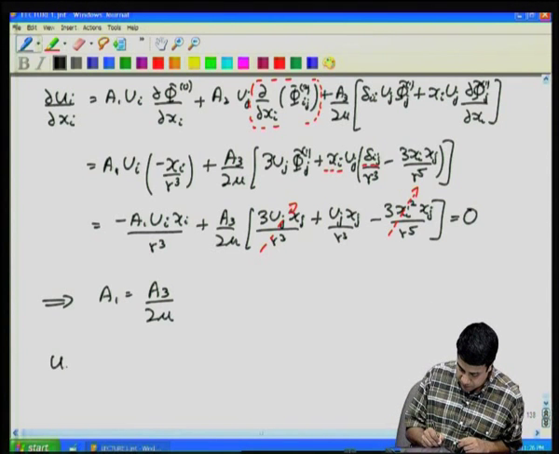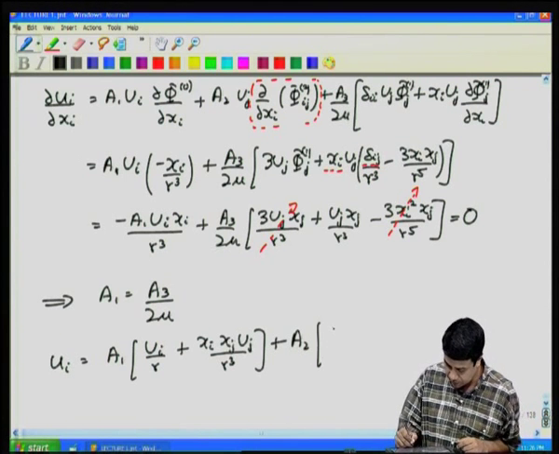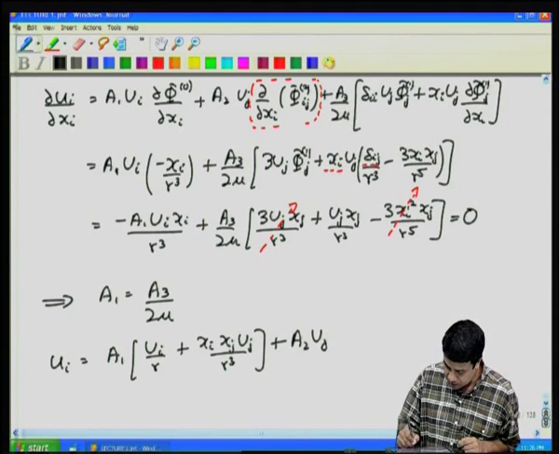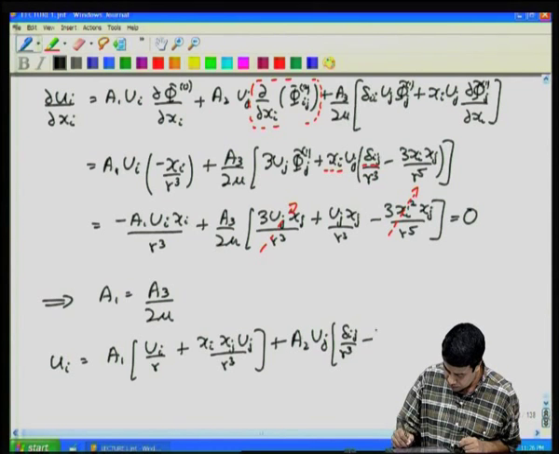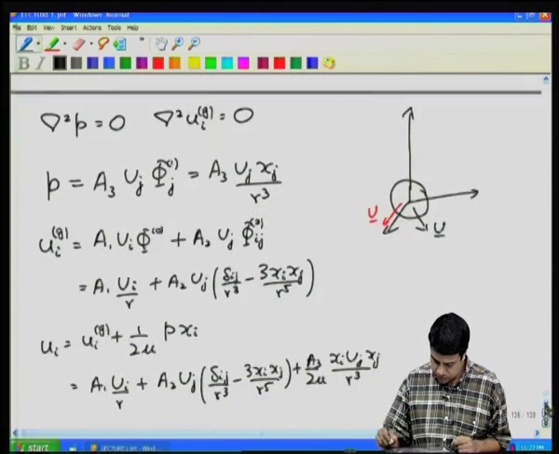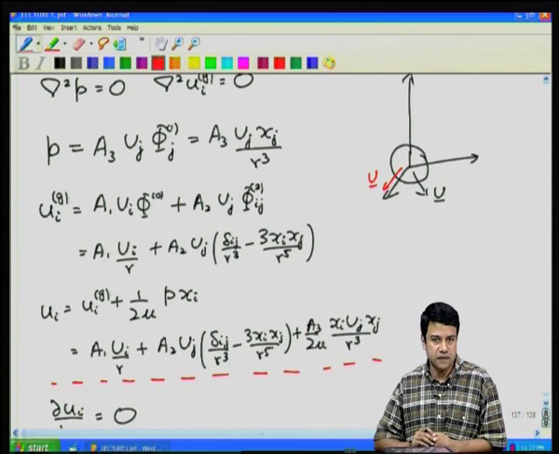So, the equation for the velocity field now becomes a1 into u_i by r plus x_i x_j u_j by r cubed plus a2 into a2 u_j into... So, in this expression for the velocity field, I have just substituted that a3 by 2 mu is equal to a1 in order to satisfy the incompressibility condition.